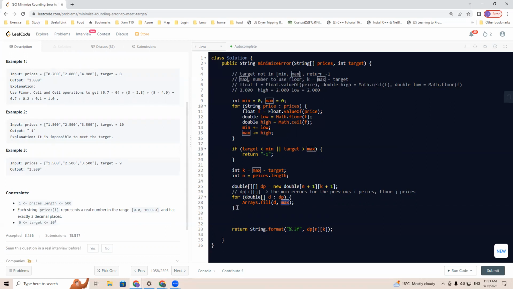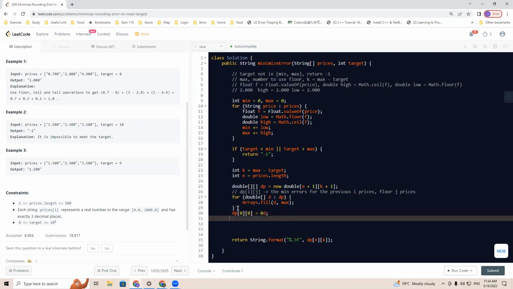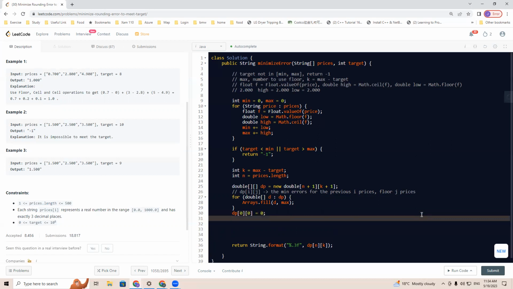And also we'll have dp 0 equals D, like this, double. Let me write this one as well. We're going to flip the price.